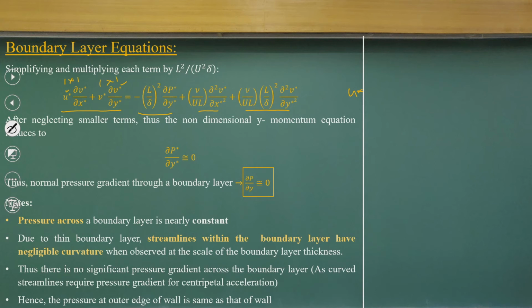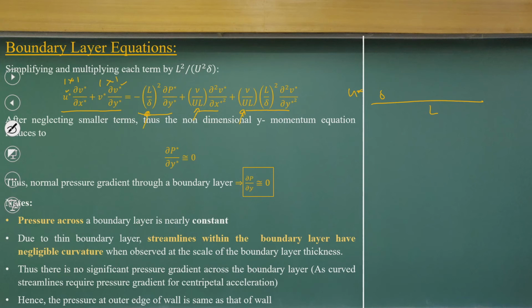But there are 3 terms coming in here with multiplications by non-dimensional parameters. This is the Reynolds number, 1 by Reynolds number, that we are getting in terms of, this is the Reynolds number, this is the geometry, that is the length of the boundary layer and the thickness of the boundary layer. That is the geometry of the boundary layer.